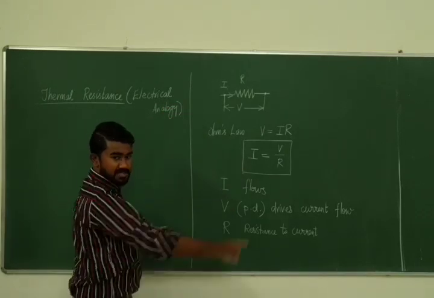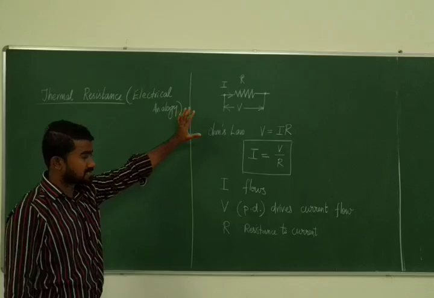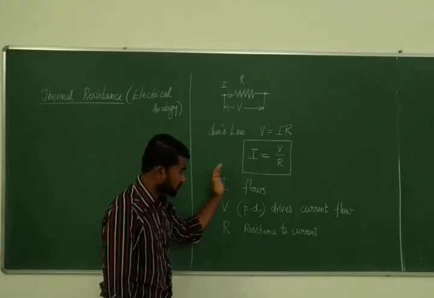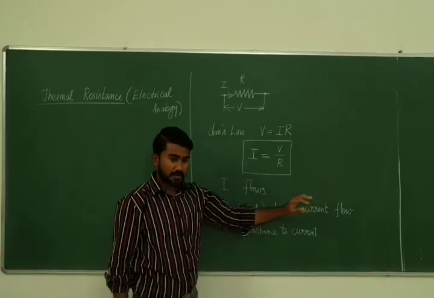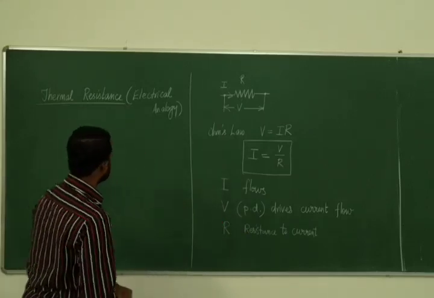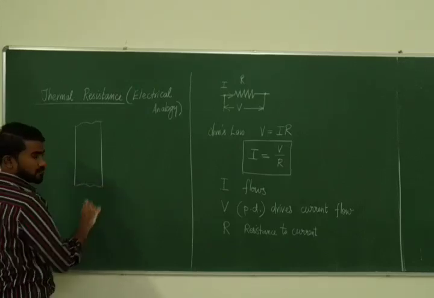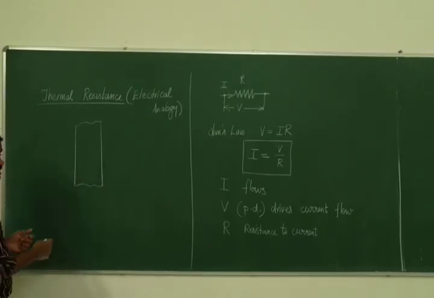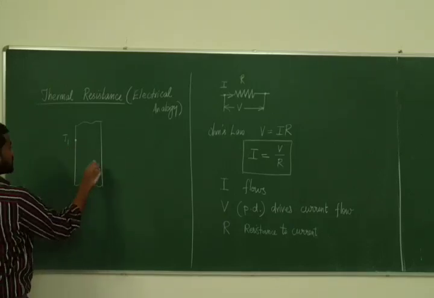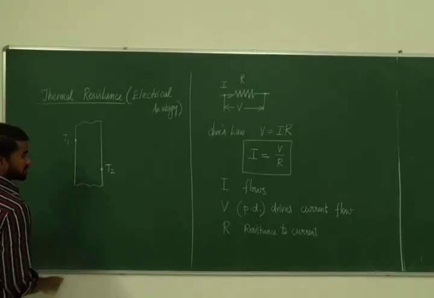This should be revised first. You should know about electrical resistance: what flows, what drives the current flow, what opposes the current flow. Similarly, if you have a plane wall, what is driving the heat transfer? The temperature difference. This side is at a higher temperature and that is at a lower temperature.